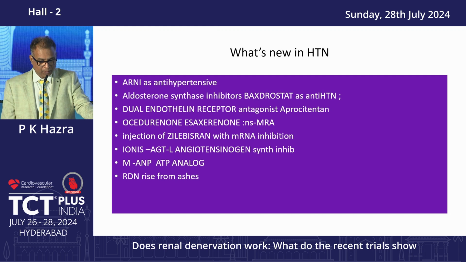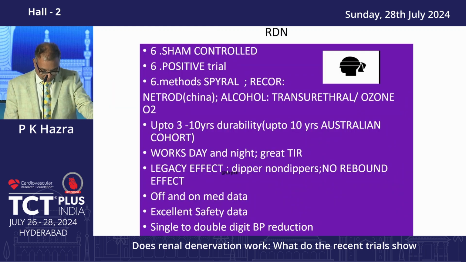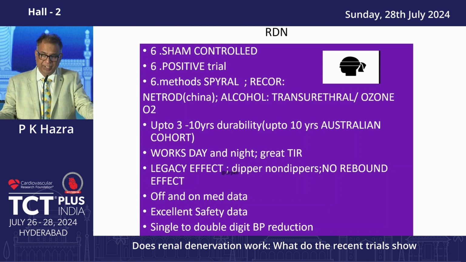And RDN rises from the masses; this is a very new and very elegant way of coming into shape with a lot of data. There are 6 sham-controlled trials, all of them positive, and 6 methods of doing renal denervation.